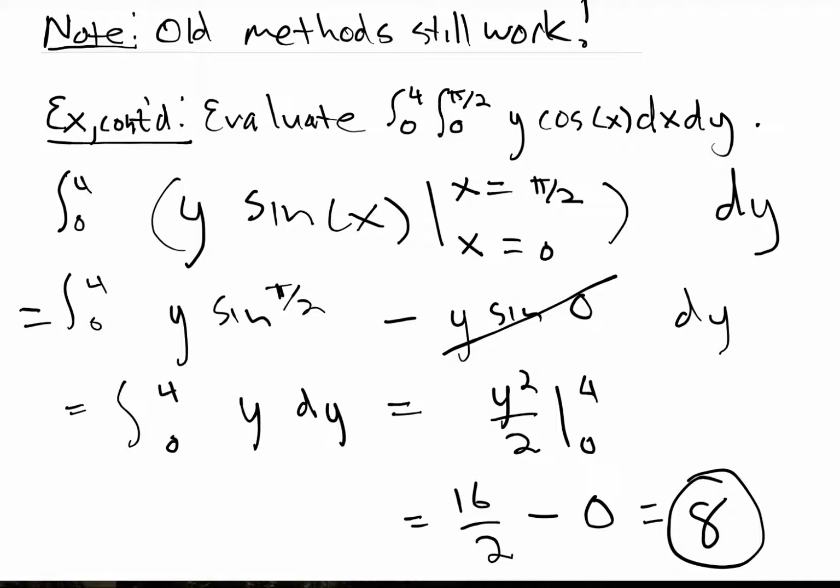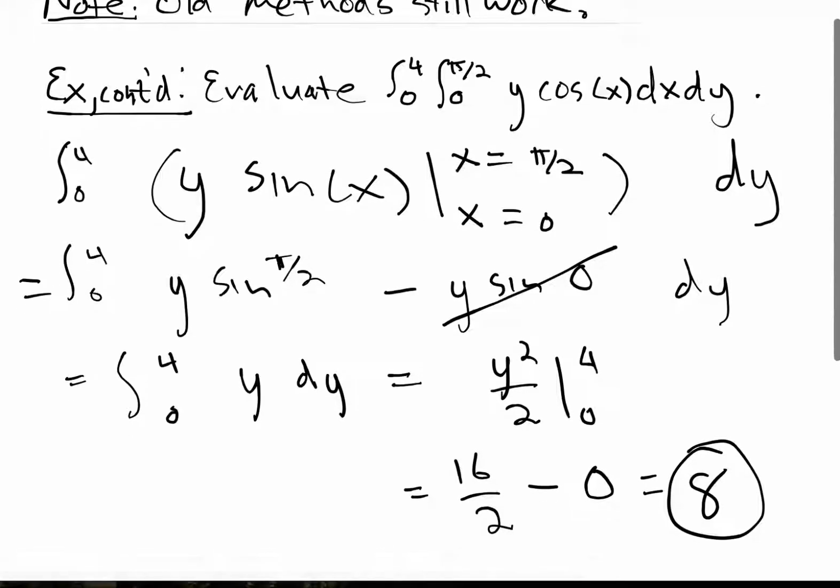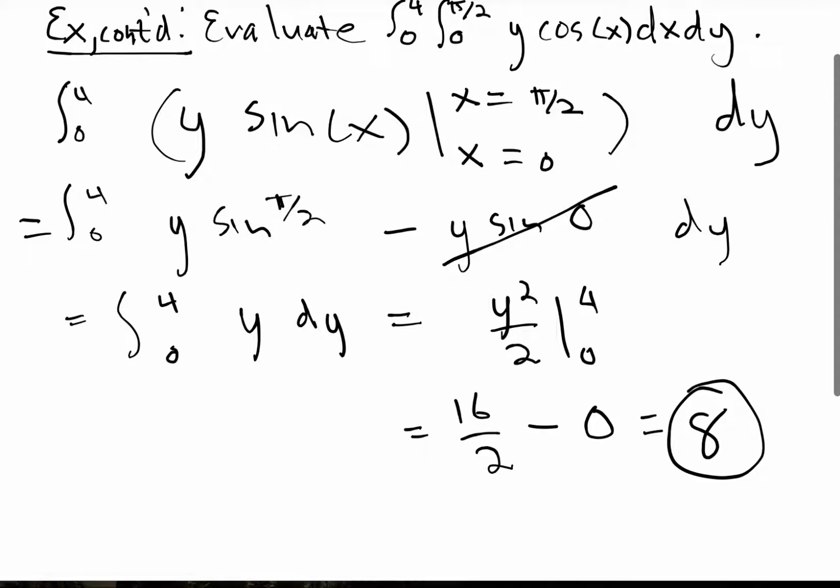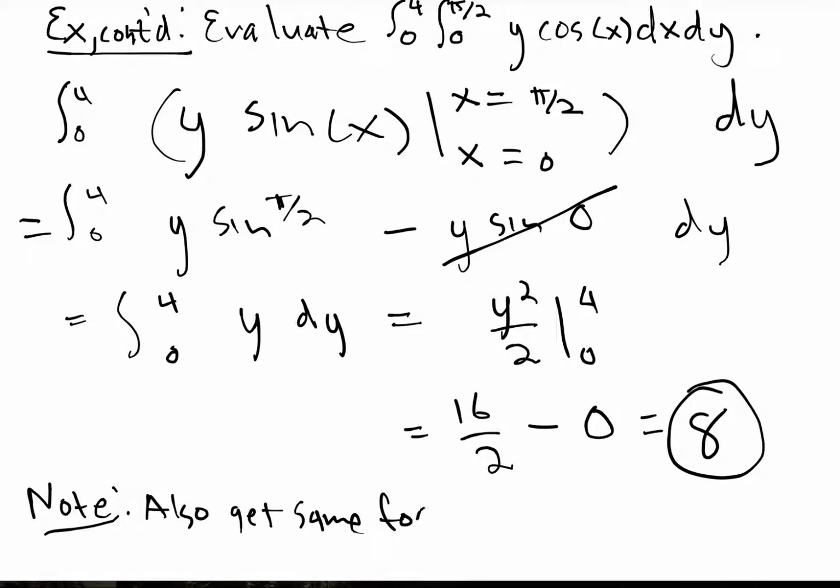I'll also note, just for completion's sake, since you said old methods still work, the other tricks that I introduced to you guys also still work. So I will give you yet another note: we also get the same answer if you set up your integral with the bounds switched, like I mentioned before.